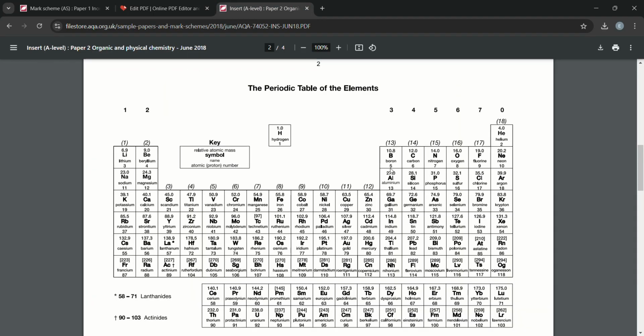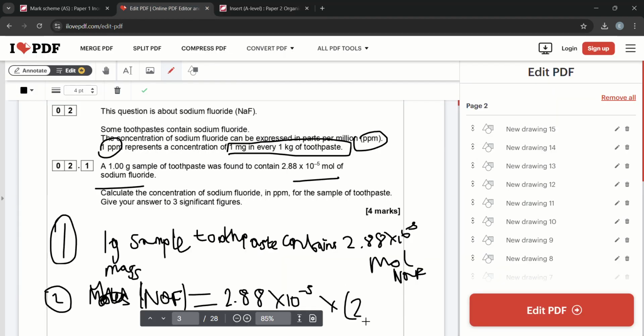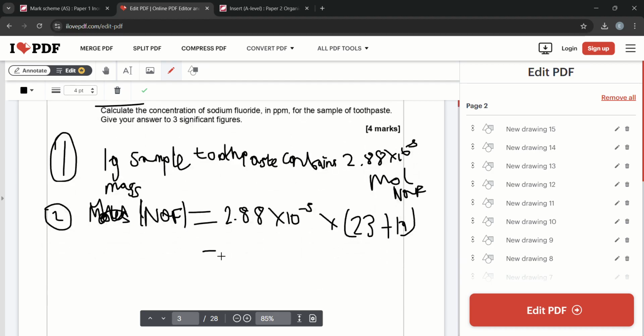Na is 23, F is 19, so it's times 23 plus 19 in brackets. That will give me 1.21 times 10 to the power minus 3 grams.